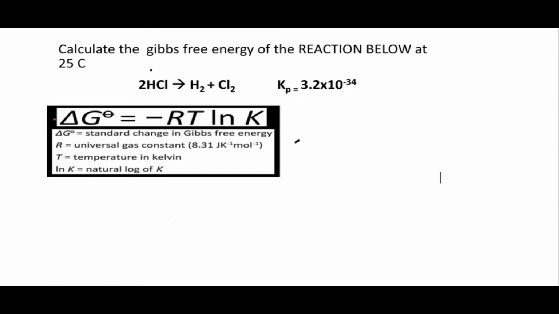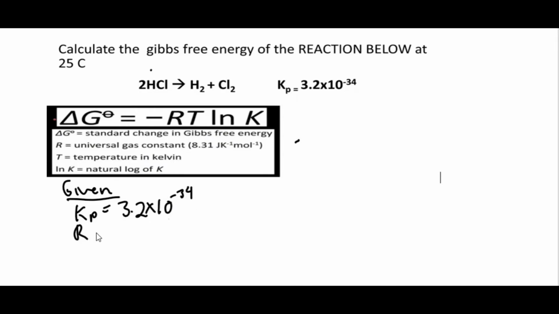Calculate the Gibbs free energy of the reaction below at 25 Celsius. So we have this equation. First let's determine what's given. We are given the standard equilibrium constant, which is 3.2 raised to the negative 34.